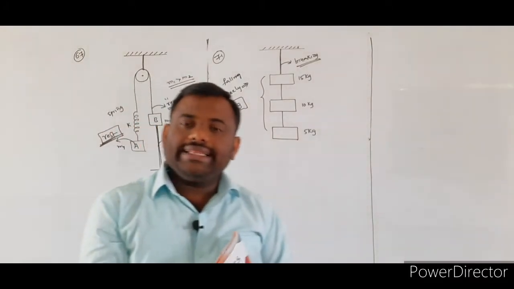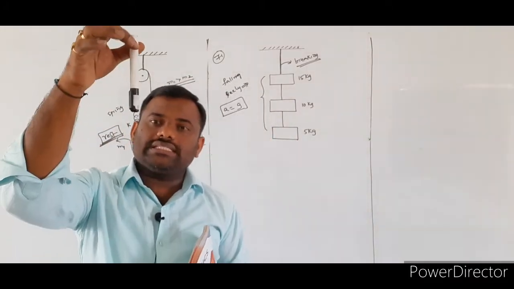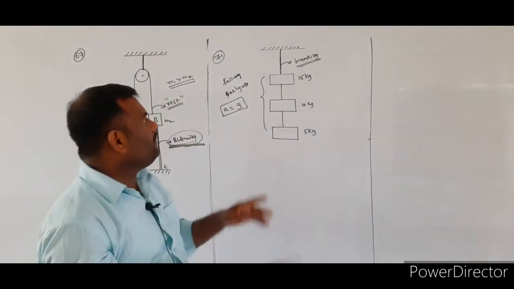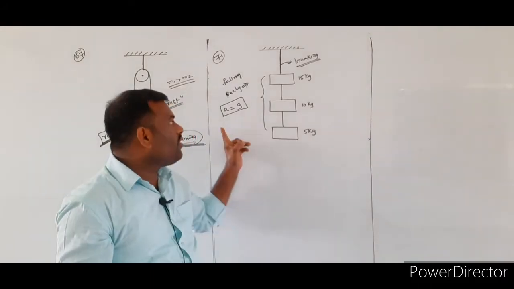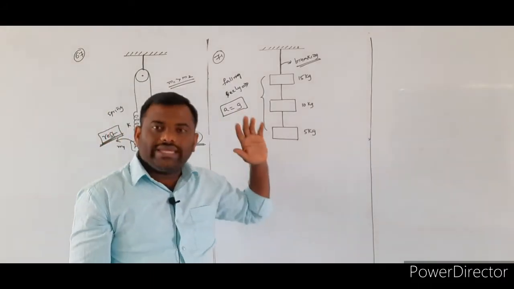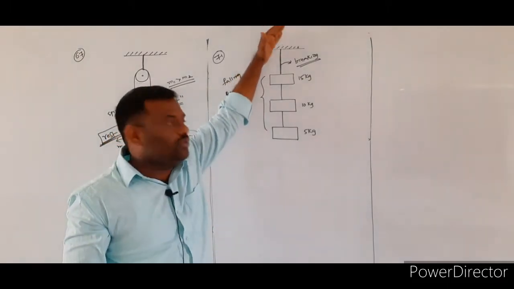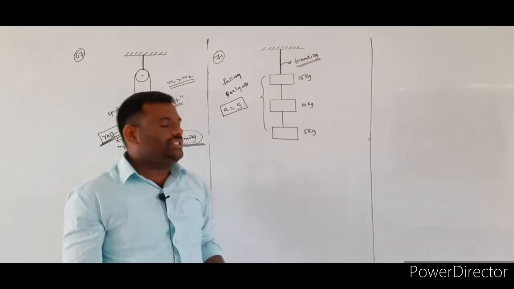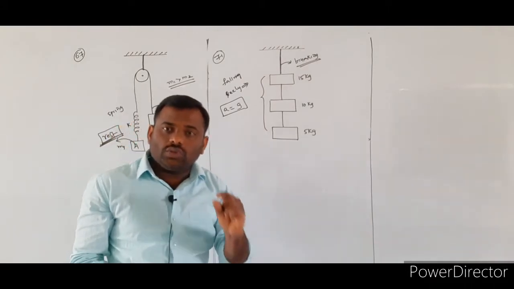Already we know that in the case of a freely falling object, whenever the object is dropped freely, that object will move in the downward direction with an acceleration of small a equal to g. So here also, whenever you cut the string which is attached to the rigid support, the entire system will fall downwards with what acceleration? That acceleration value is equal to what? Acceleration due to gravity.